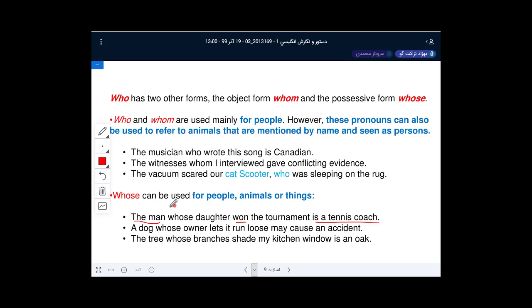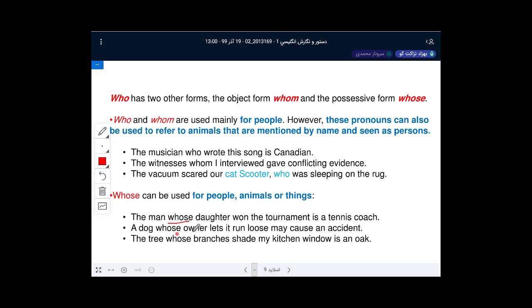So whose daughter won the tournament? Here, this is an adjectival clause. And it tells us something about the man. Okay? So that is why we use whose rather than his.